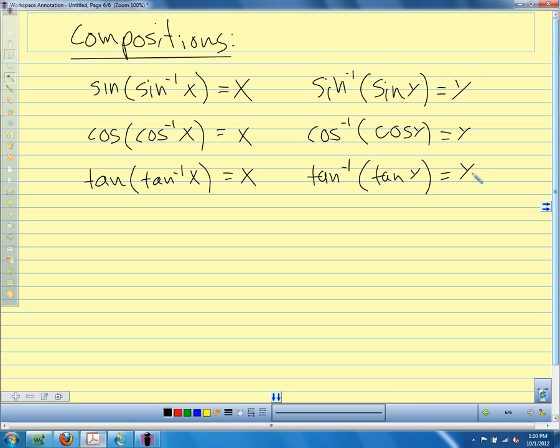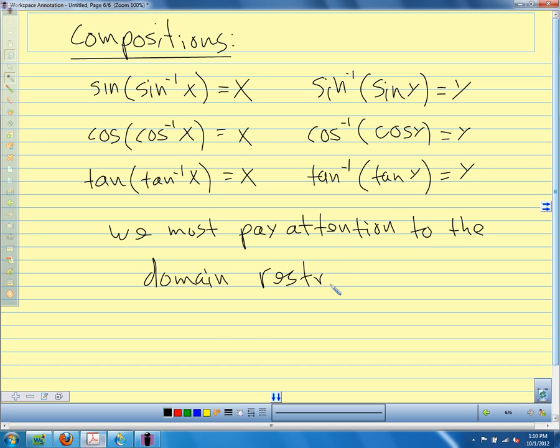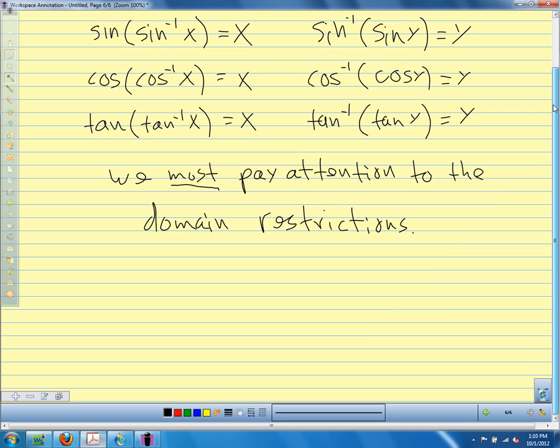These are all true as long as we pay attention to our domain restrictions. And let me show you a couple of examples of what I mean here.